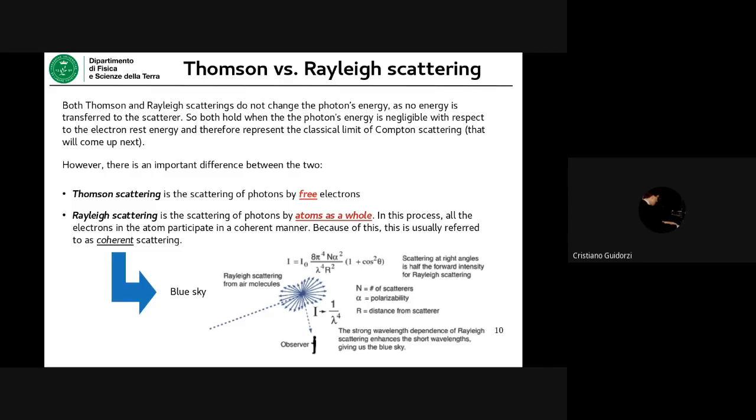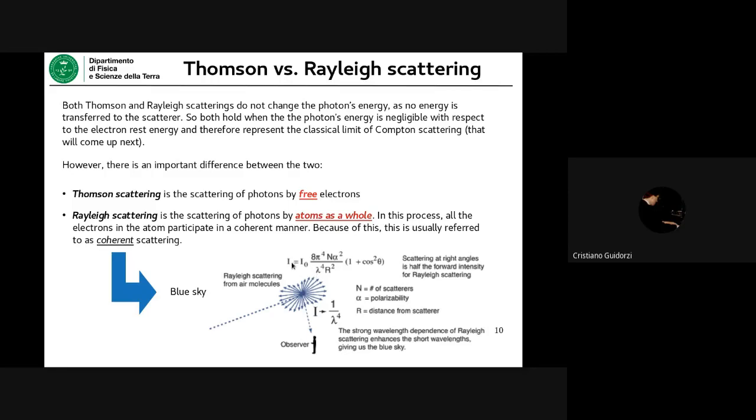You know very well that Rayleigh scattering is the explanation for the reason why the sky is blue. First of all, here theta is the scattering angle, and you see that you have the same dependence as in Thomson scattering. But in particular, you have the dependence of 1 over lambda to the fourth, where lambda is the wavelength of the photon.